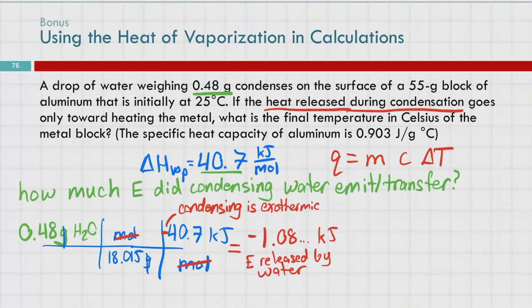All of that energy goes towards heating the metal. It goes to heat the aluminum. If aluminum's gaining that energy, if it's absorbing that energy, what's the sign for the heat for aluminum?